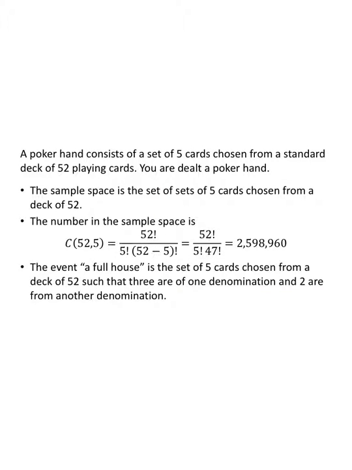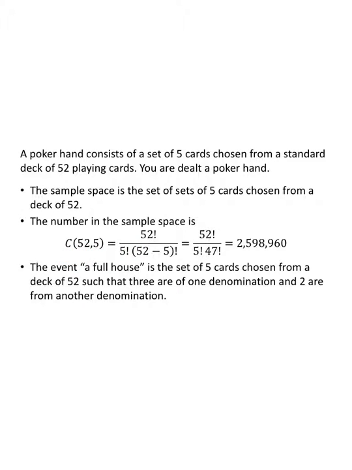So a poker hand in general consists of 5 cards chosen from a standard deck of 52 playing cards. When you're dealt a poker hand, you're looking for all sets of 5 cards chosen from the deck of 52. So the number in our sample space, overall, just any card from a poker hand, will be the number of combinations having 52 cards and wanting 5.